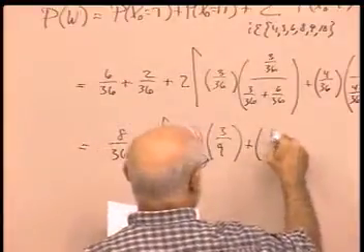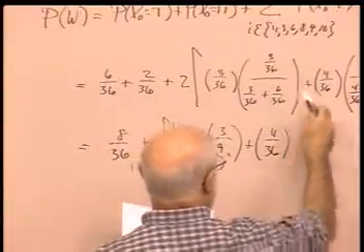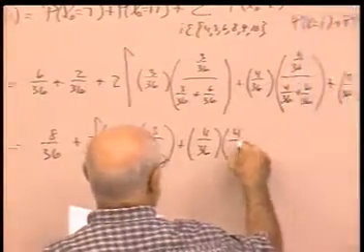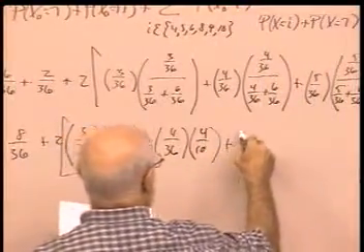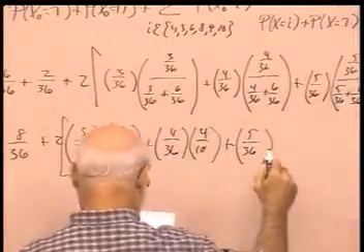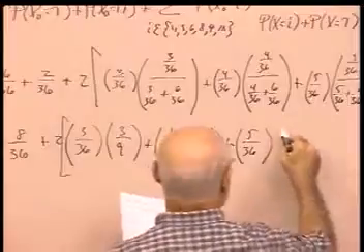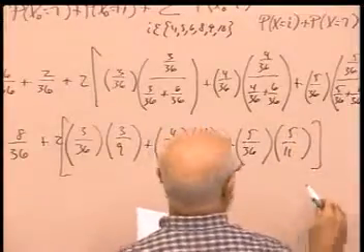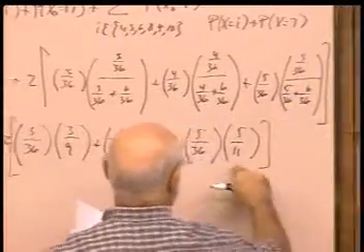Plus 4 over 36, that's that term. Again, the 36's cancel, and I get 4 tenths. Plus 5 over 36 times 5 tenths, 5 elevenths. 5 plus 6 is 11.